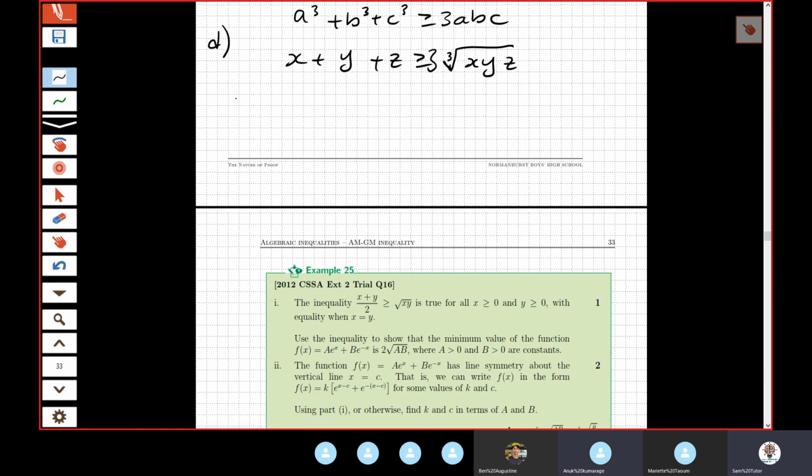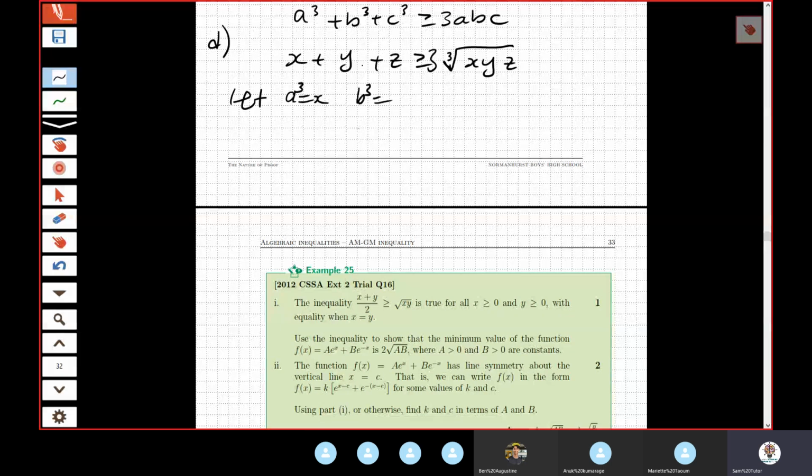Would you let a equal x, b equal y, something like that? Yes. Do you want to tell me the exact one? You're saying let a equal to x. Well, you're going to just get x cubed there. Let a cubed equal x. Okay, there we go. See? Now we're getting there. Let a cubed equal to x.